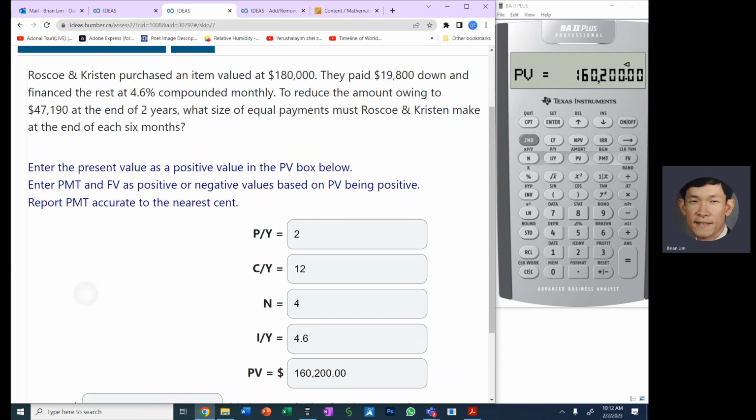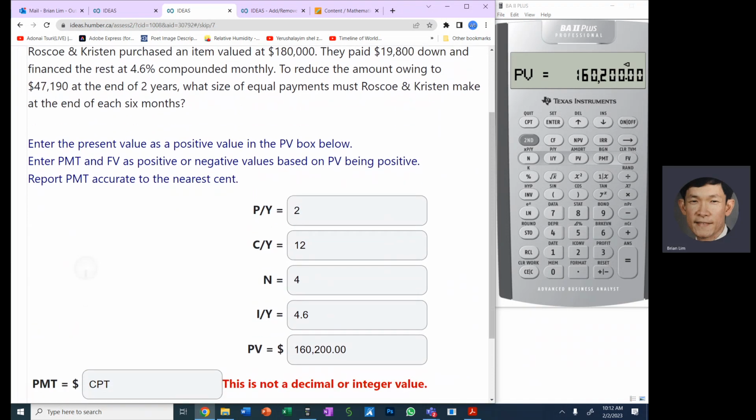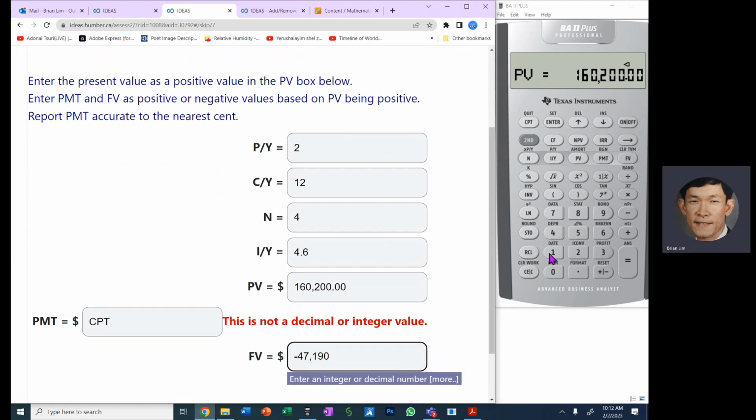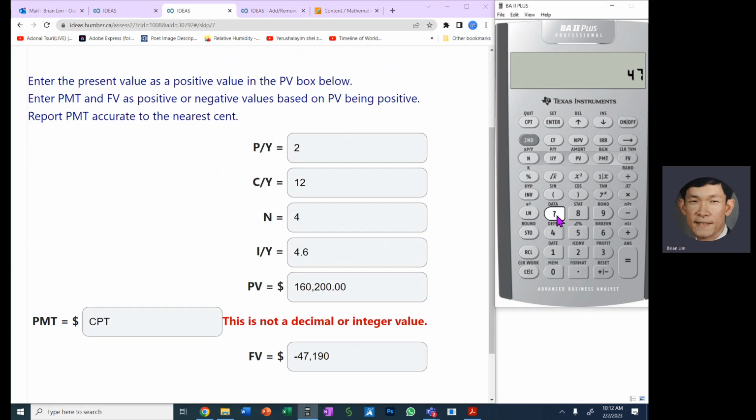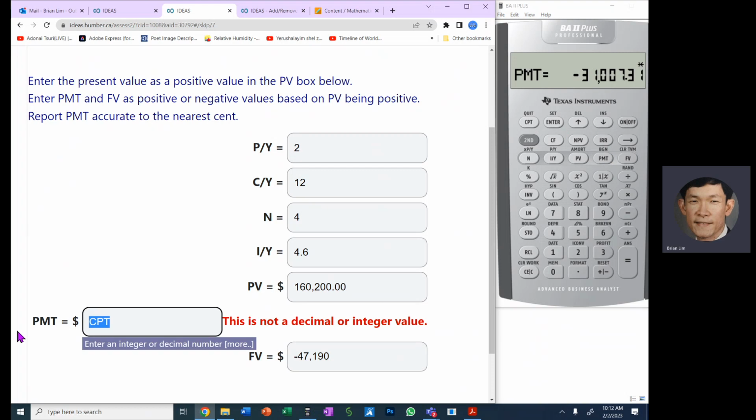So 47,190. Okay, so 47190, and we must make it negative and enter that as the future value. All right, and with that, we will compute the payment, and the payment turns out to be 31,007.31.